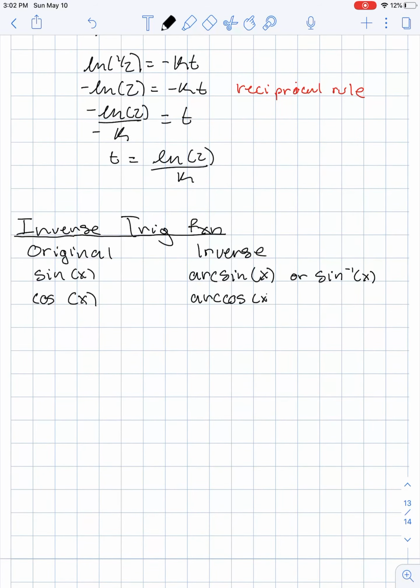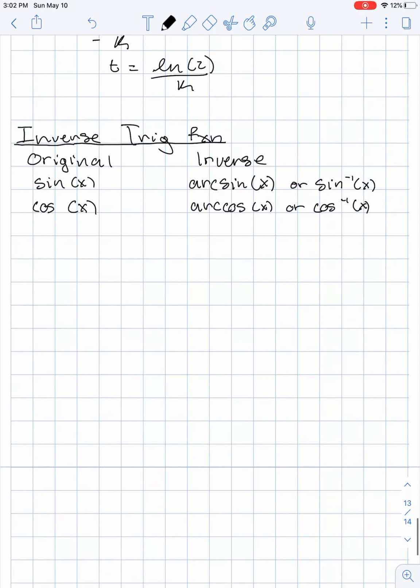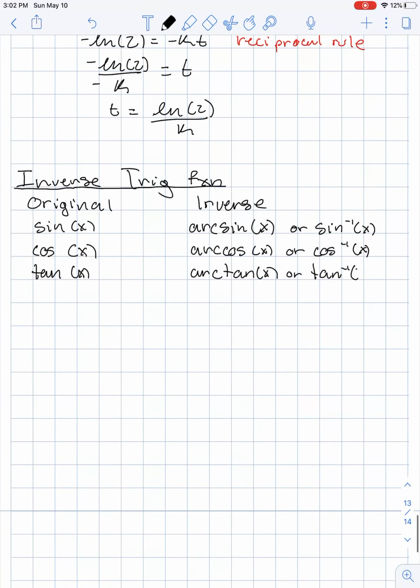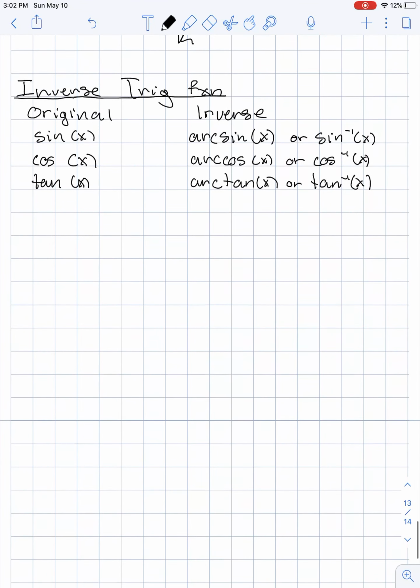Cosine of x, arc cosine of x. I bet you can guess the other 3.